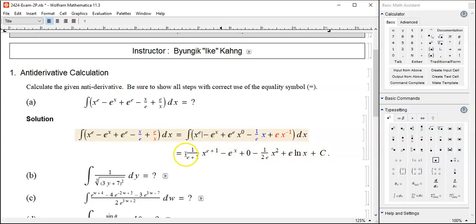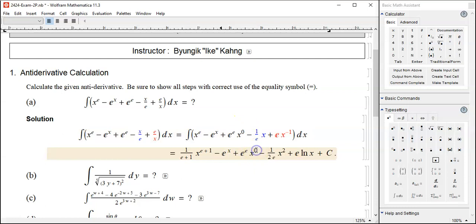So, x to the e power, it'll become like this. Just use the power rule, add the power by 1, and then divide. Exponential remain the same. Wait a minute. I have to add 1 to the power and divide. 1, so I don't have to add it, and then divide.